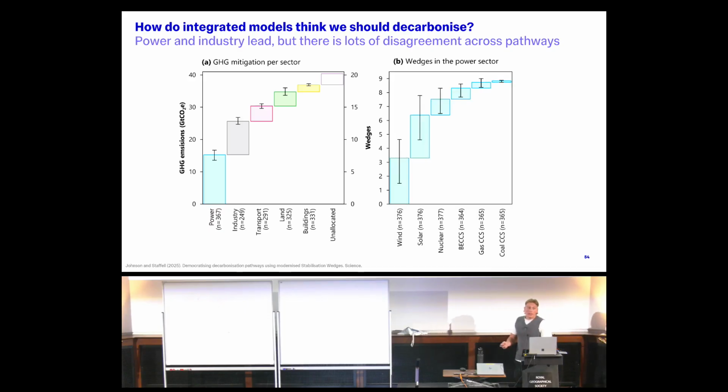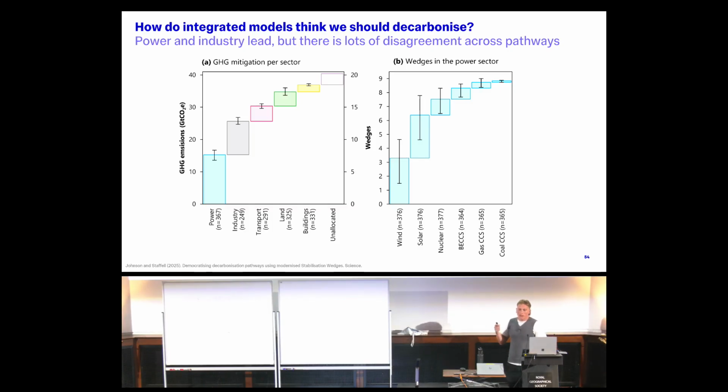So then we can zoom in on a particular sector and we can say, hey, well, which technologies are contributing the most wedges within that sector? And so here I've zoomed in on the power sector because it contributes the largest emissions reductions across scenarios. And so we see that wind and solar power, the cornerstones of the energy transition, unsurprisingly contribute the greatest number of wedges.